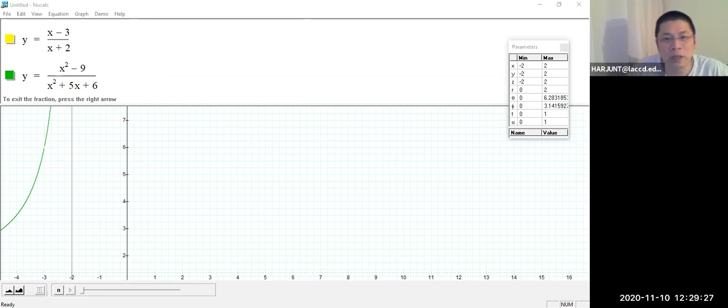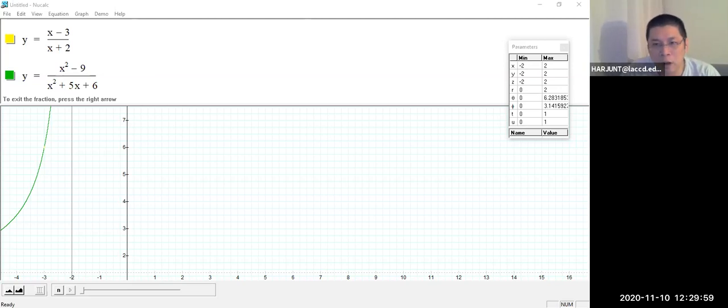So what happened is, in the long run, we will graph this simplified version, the r star x, I call it.